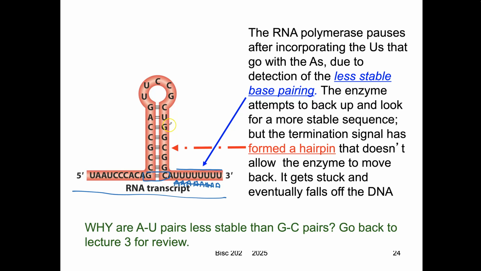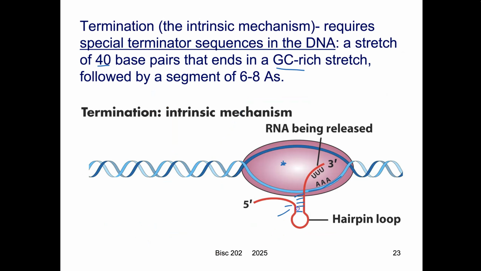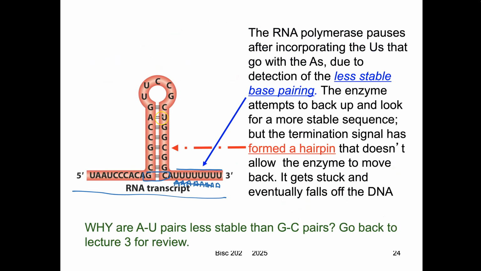But because of the sequence here with this GC-rich region, it has formed this hairpin structure, which is what this is showing here. And so the enzyme backs up, but it gets stuck here. It can't go any further because you've got kind of like a brick wall here with this base pairing.